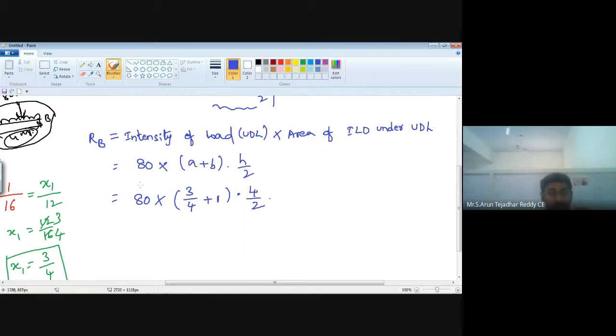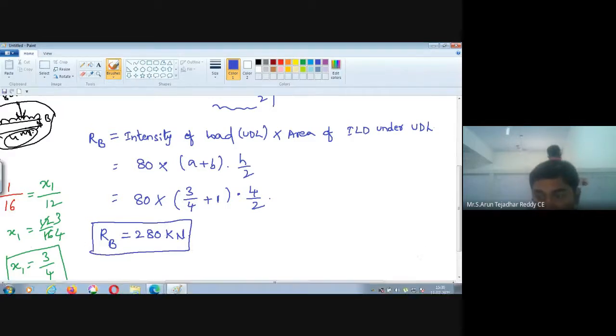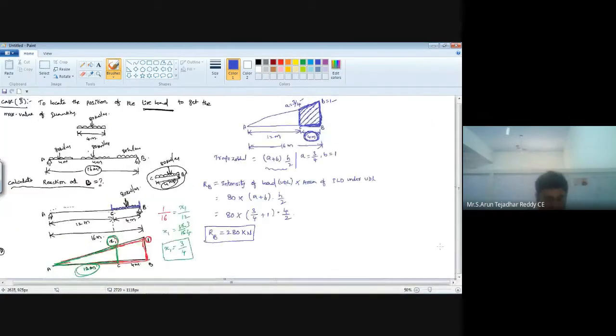Now what is the value of RB? After entering these values in your calculators, RB is 280 kilonewton. Okay. So this is the way to find out our values.